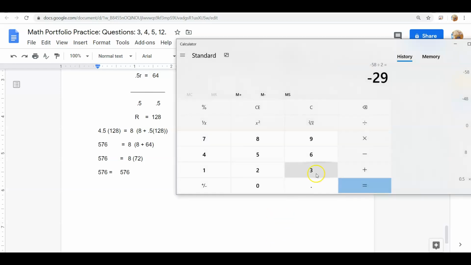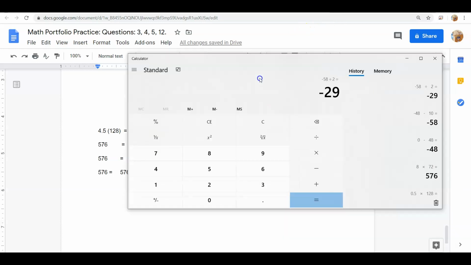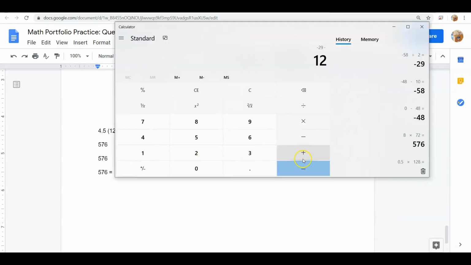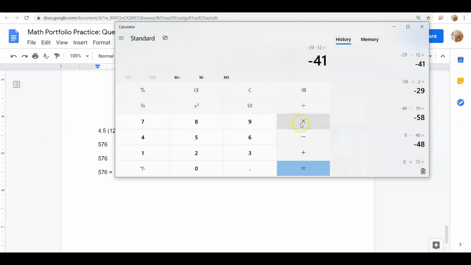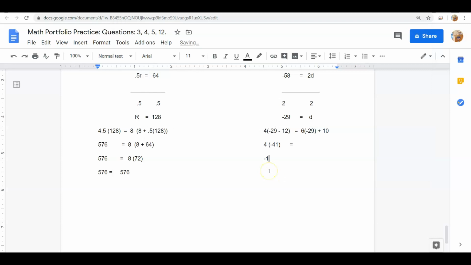So negative 29 minus 12 is equal to negative 41. So 4 drops down. We have negative 41 in parentheses, equal sign. And I'm just going to keep with this side. So 4 times negative 41 now is negative 164. Now let's work with the other side.